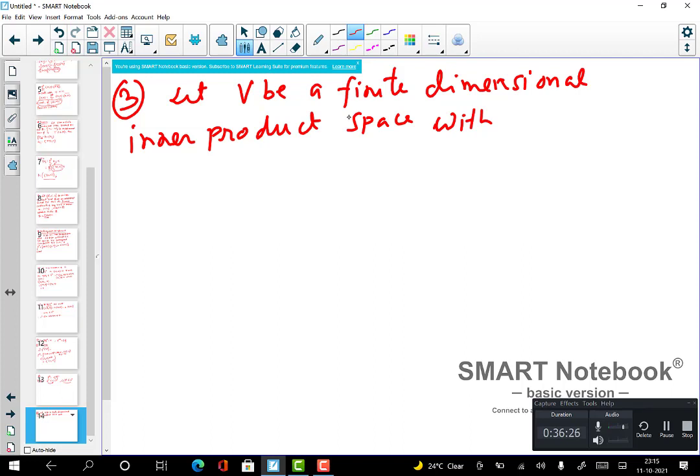Let me think whether I need finite dimension here. If I choose any subspace and a basis, I don't need finite dimension there. Yes, it's true in general even.